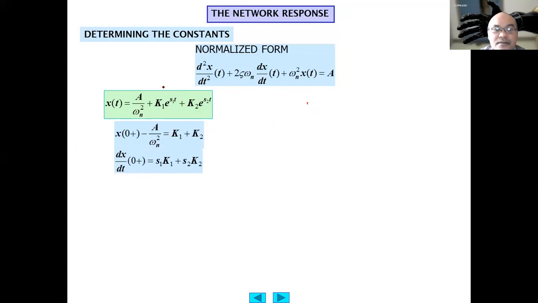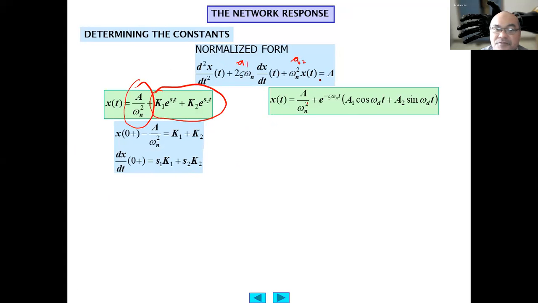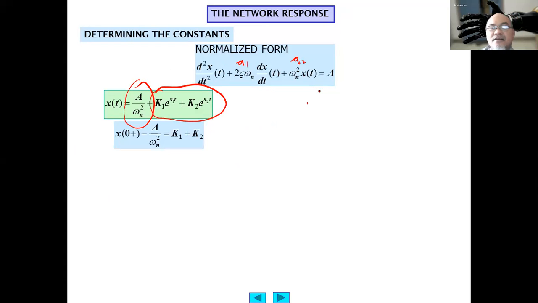So this comes from the homogeneous solution, C homogeneous. This comes from the particular solution, right? Remember A. If this is A2 previously, this is A2 and this is A1, right? So the particular solution is obtained where x(t) equals the particular solution A over A2.